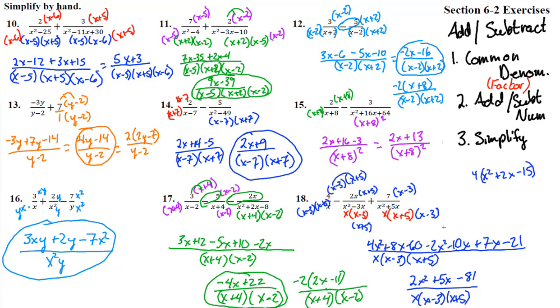We'll have to check to see if anything simplifies. 2x squared, we'd have to take 2 times negative 81, see if the top factors at all. That's negative 162. Let's write them out. We got 1 and 162, 2 and 81, 9 and 18. Nothing else.